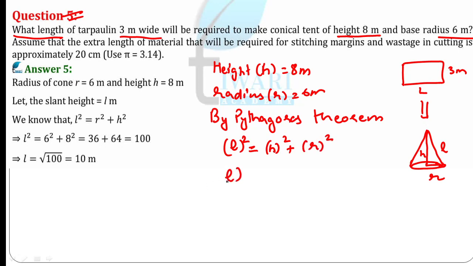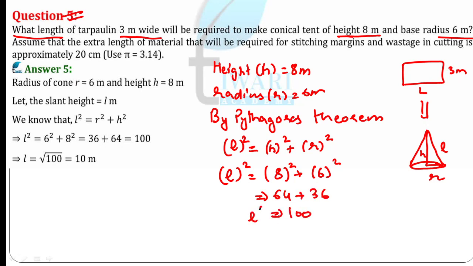So the slant height is equal to, height is 8, radius is 6. Square of 8 is 64, square of 6 is 36, and the value comes out to be 100. So the slant height is equal to 10 meter.